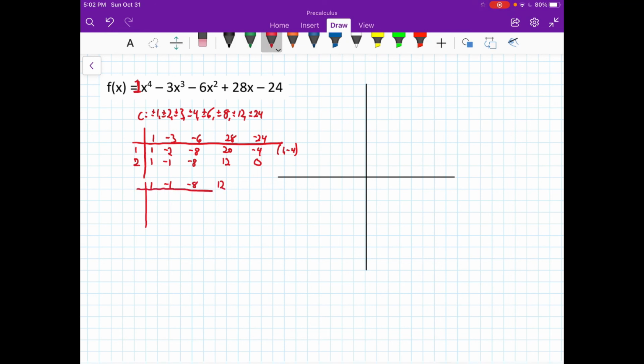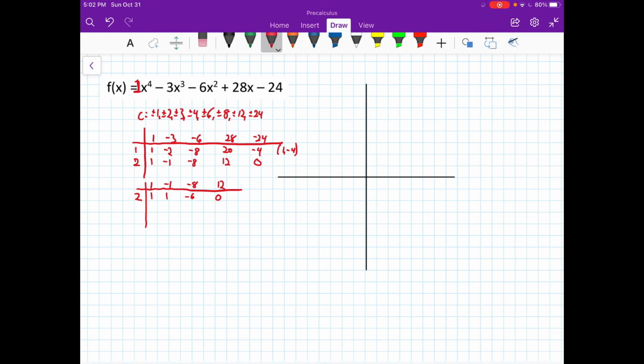We'll go ahead and 2 worked, so we know that it could work again, so we're going to go ahead and try that. Bring down the 1. Oh, it does work again. So 2 times -6 is -12 plus 12 is 0.